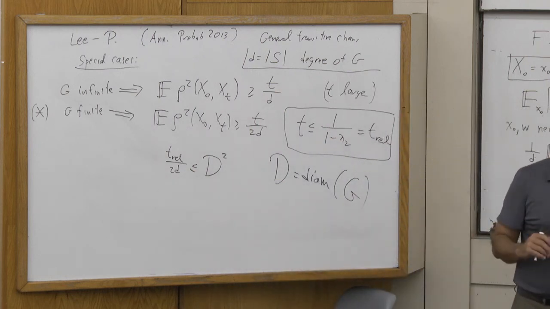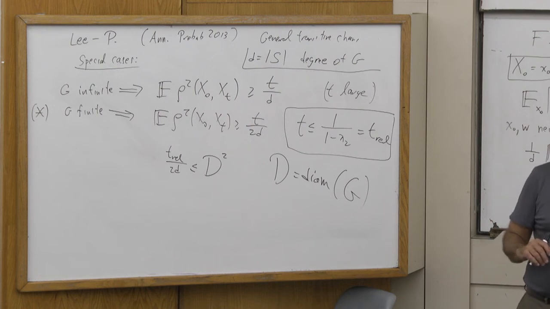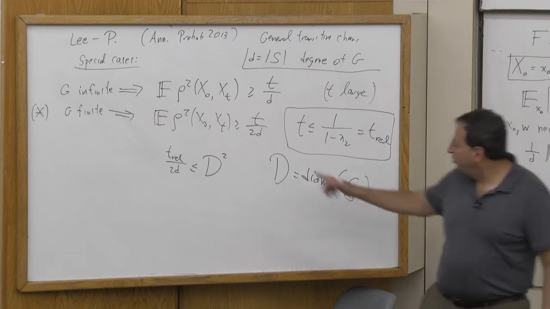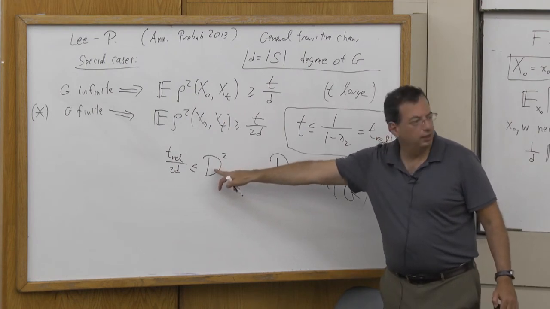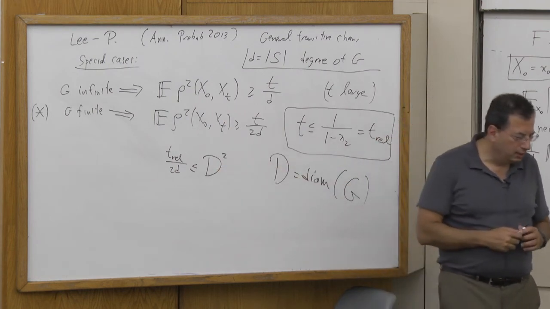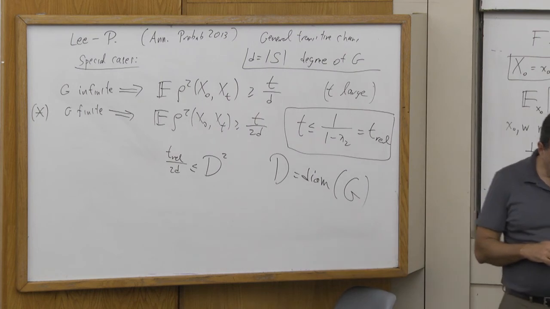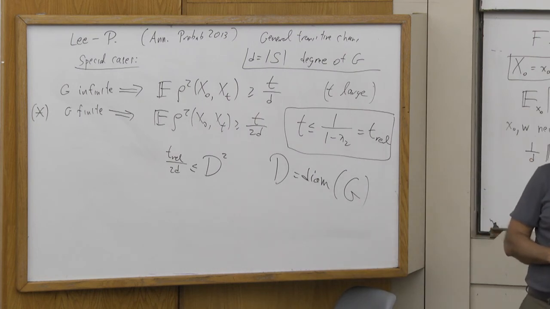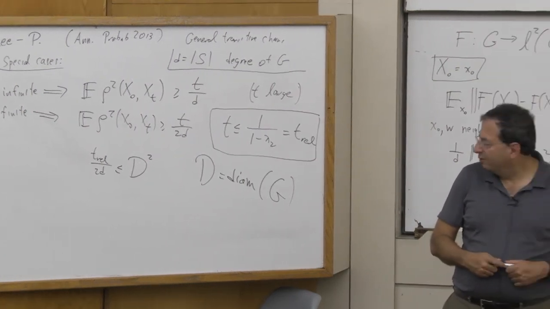And this is already known by different proofs. I think the first one is due to Babai in '91. He didn't prove this general estimate, but this kind of estimate. And there are other proofs using the method of canonical flows initiated by Jerrum and Sinclair and refined by Diaconis, Stroock and others.